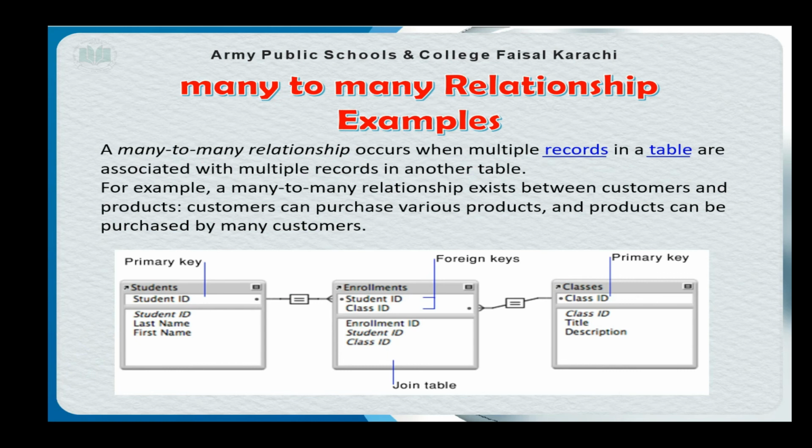First of all, we have to understand what a many-to-many relationship is. A many-to-many relationship occurs when multiple records in a table are associated with multiple records in another table. For example, a many-to-many relationship exists between customers and products. A customer can purchase various products, and a product can be purchased by many customers.